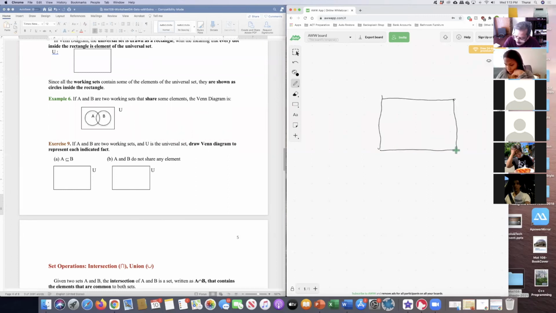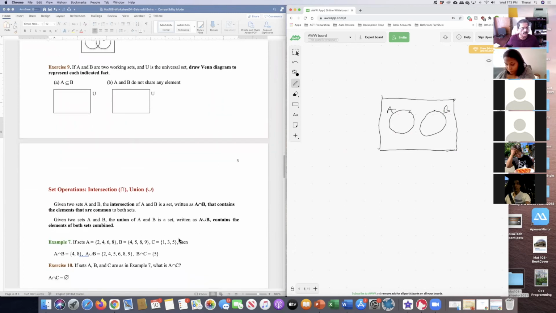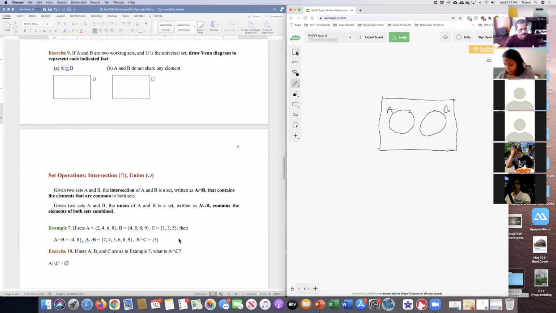There's nothing common to them. There'll be two separate circles. Separate circles, that's right. A will be like this, B will be like this, and not sharing anything. That's how you show that. Very good. All right. Glad to see that you were able to answer that.